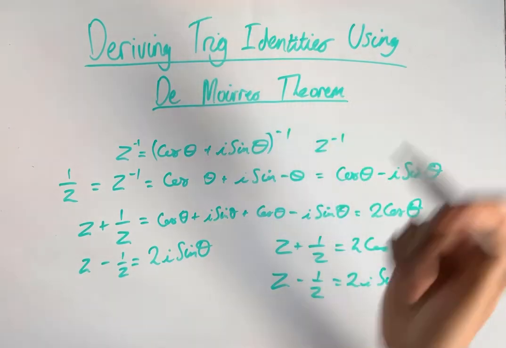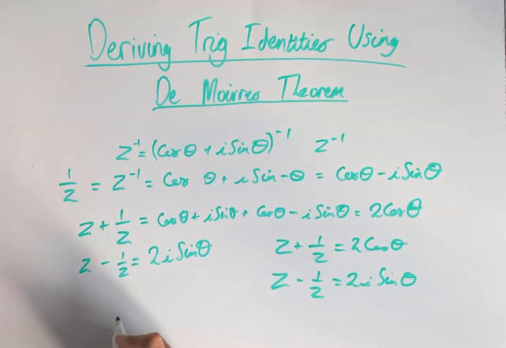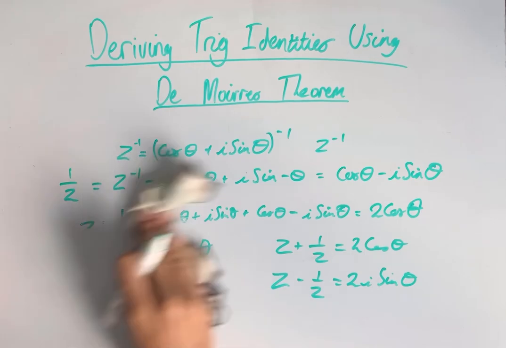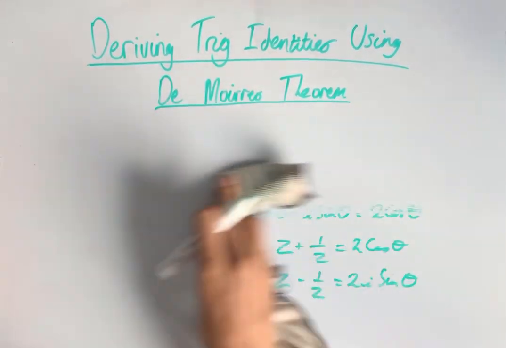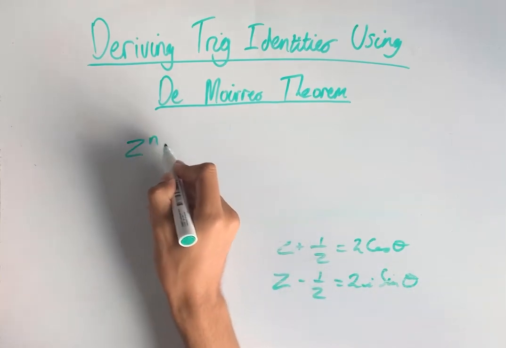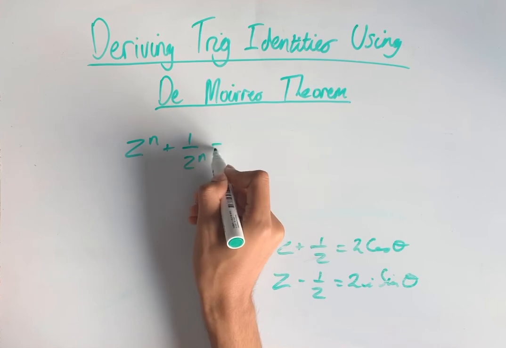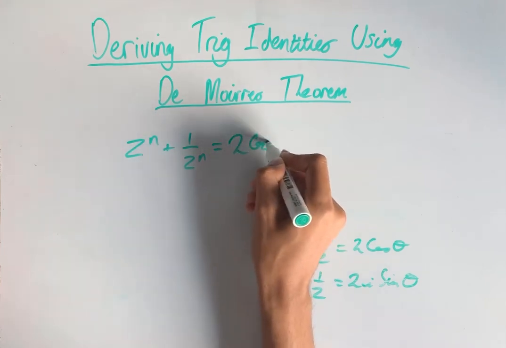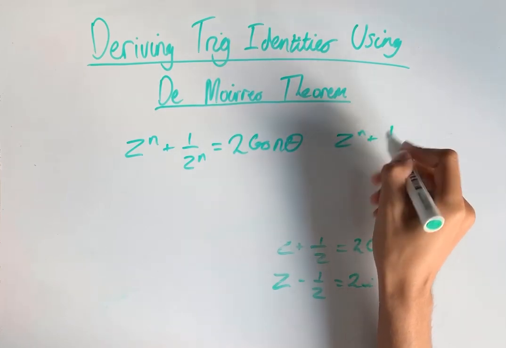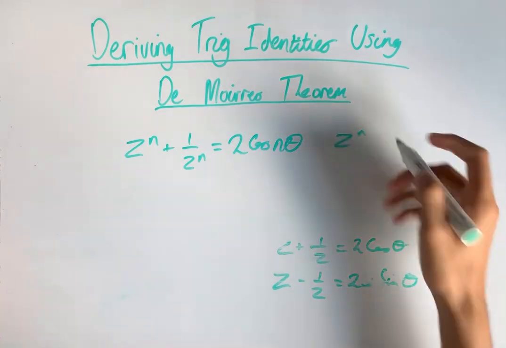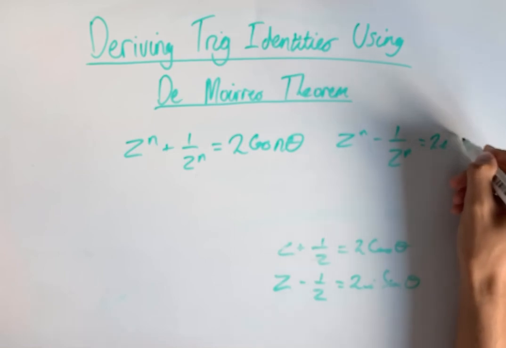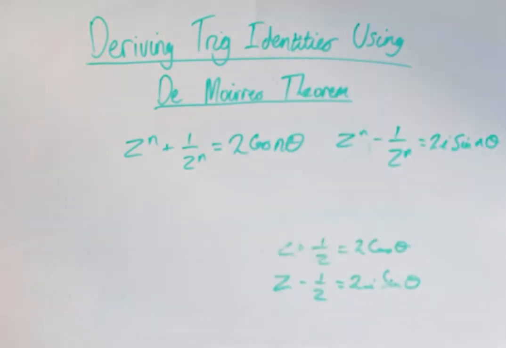So if we extend this to any positive integer, it means that this identity can also be extended to say that z to the power of n plus 1 over z to the power of n equals 2 cos of n theta, and z to the n minus 1 over z to the n equals 2i sine of n theta.